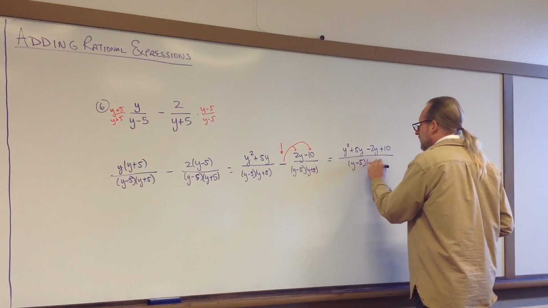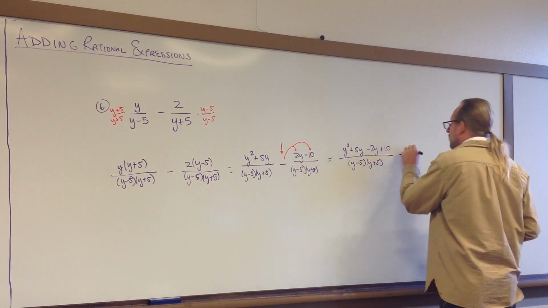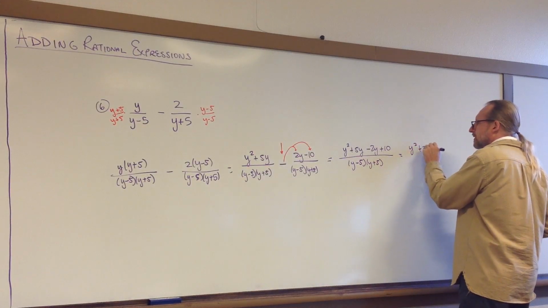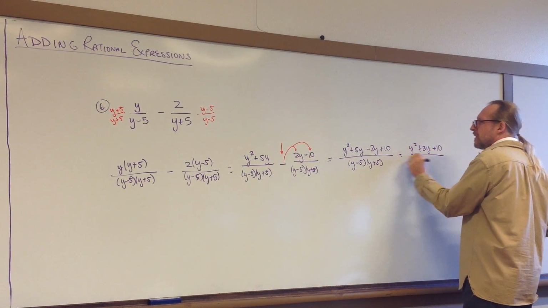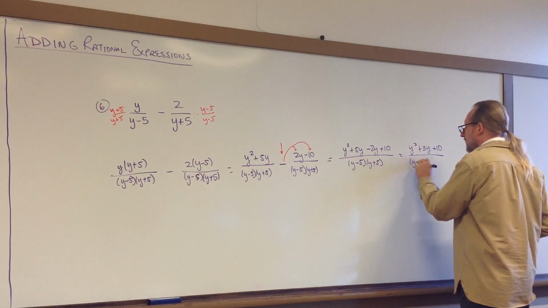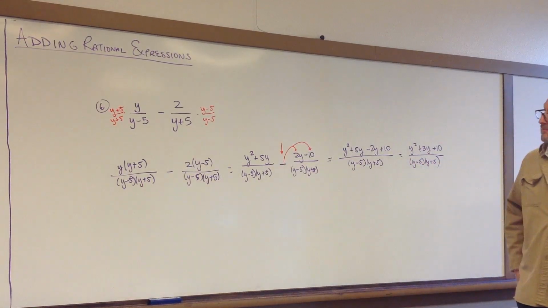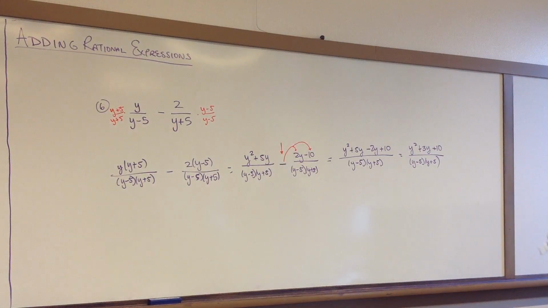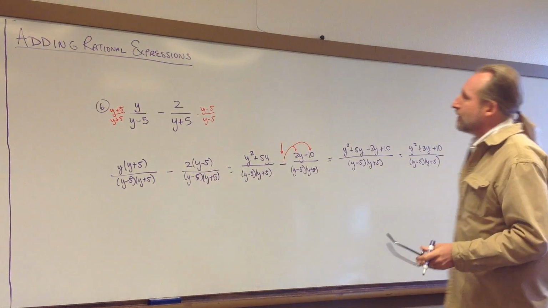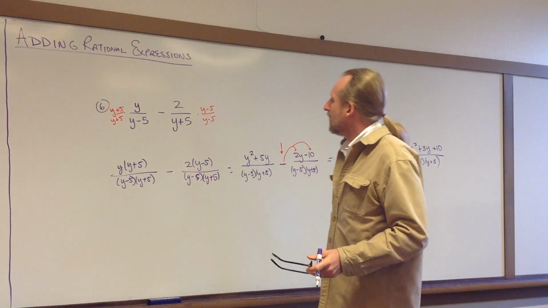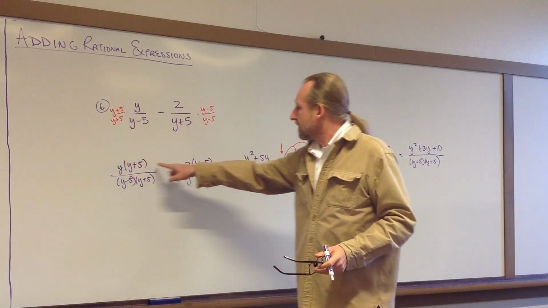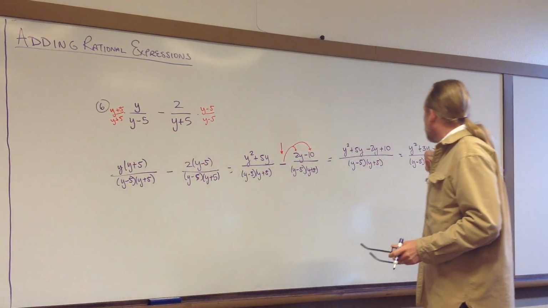And then we'll combine those like terms in the middle. y squared plus 3y plus 10 over y minus 5 times y plus 5. And there we go. Okay? So that's the key, is to create this common denominator, multiply in the numerators, and then combine your like terms.